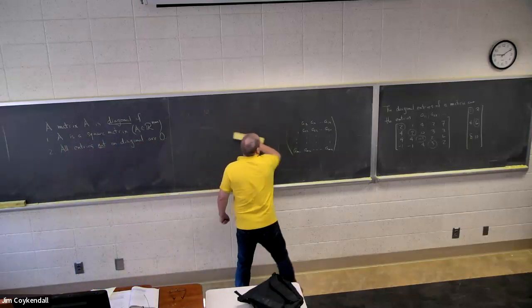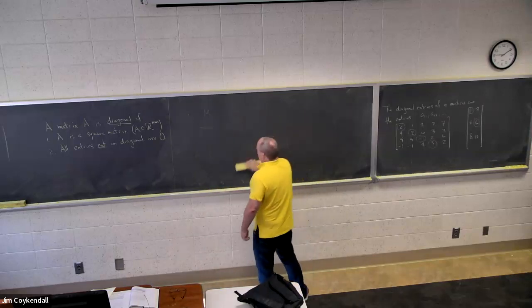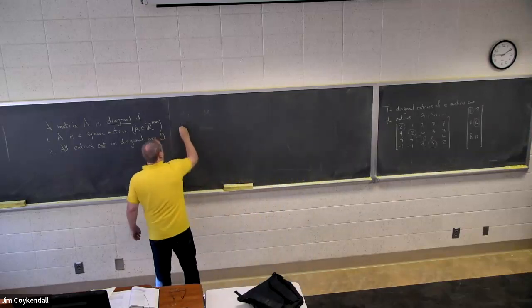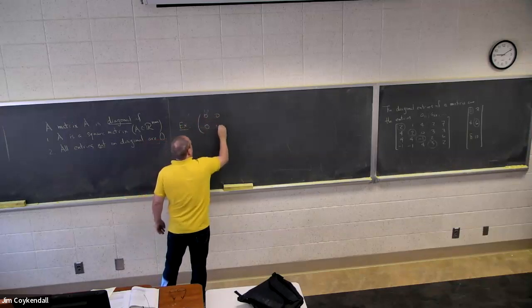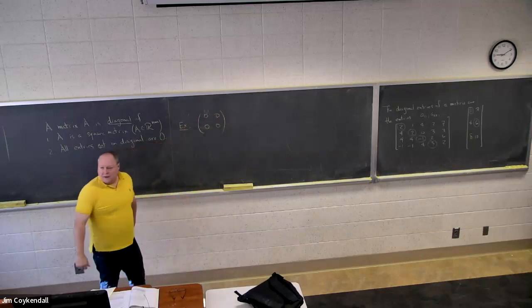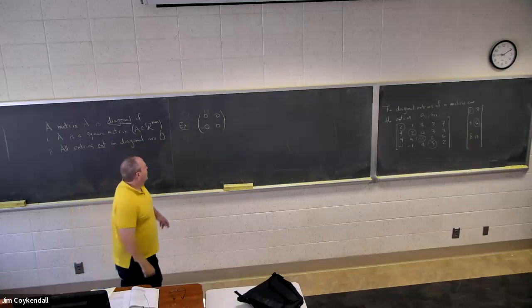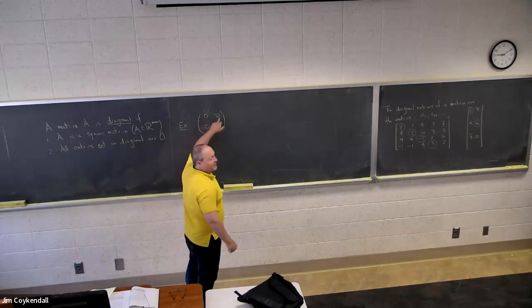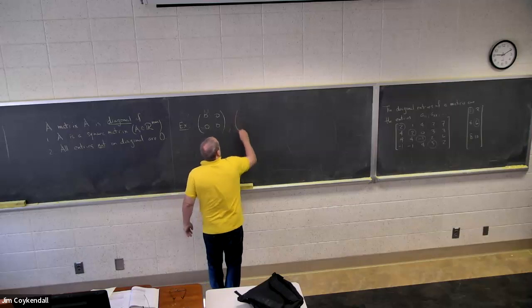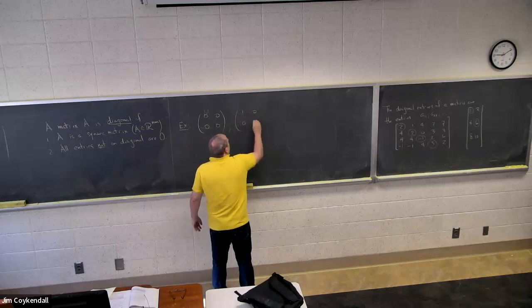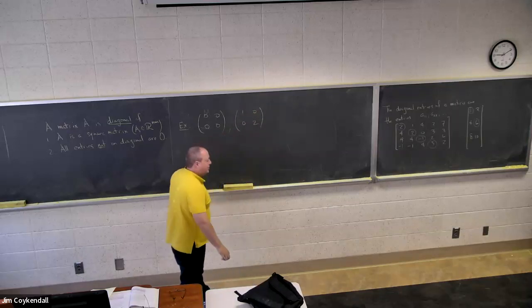So for example, here are some diagonal matrices. That's diagonal. It's true. All you really need is the entries off the diagonal to be 0. The entries on the diagonal are 0 too. I didn't make any restrictions on that. Or 1, 0, 0, 2, that's diagonal.